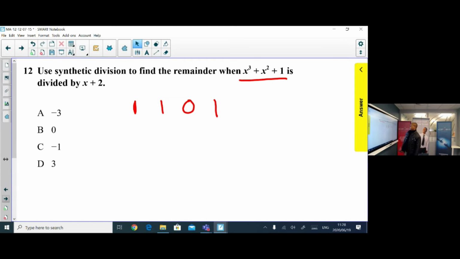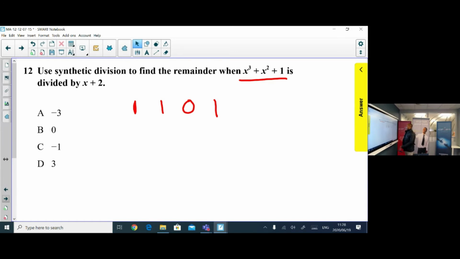The squared part is 1. We don't have an x term there, so we represent that by 0, and then we have 1 as a constant, just a number at the end there.